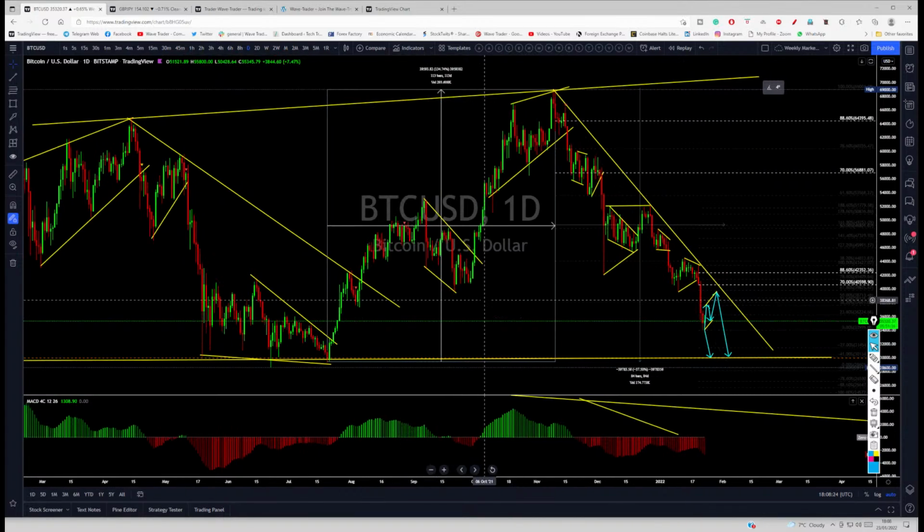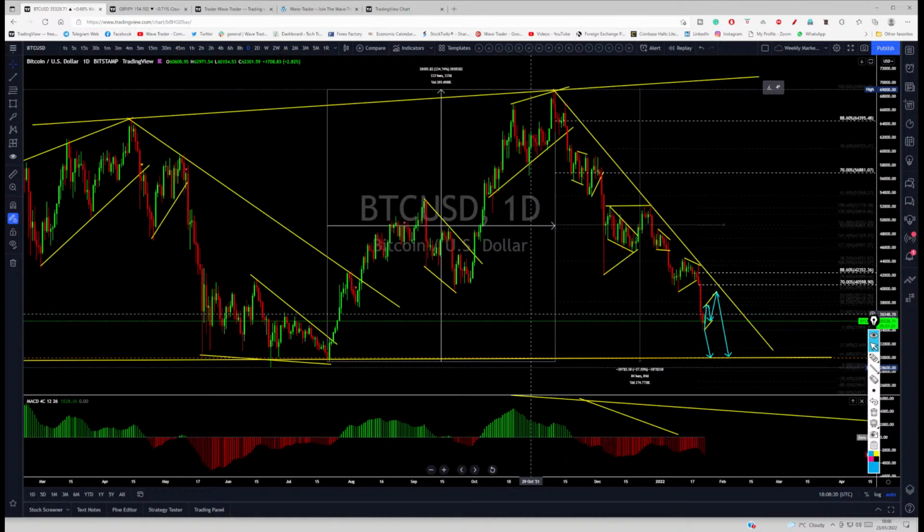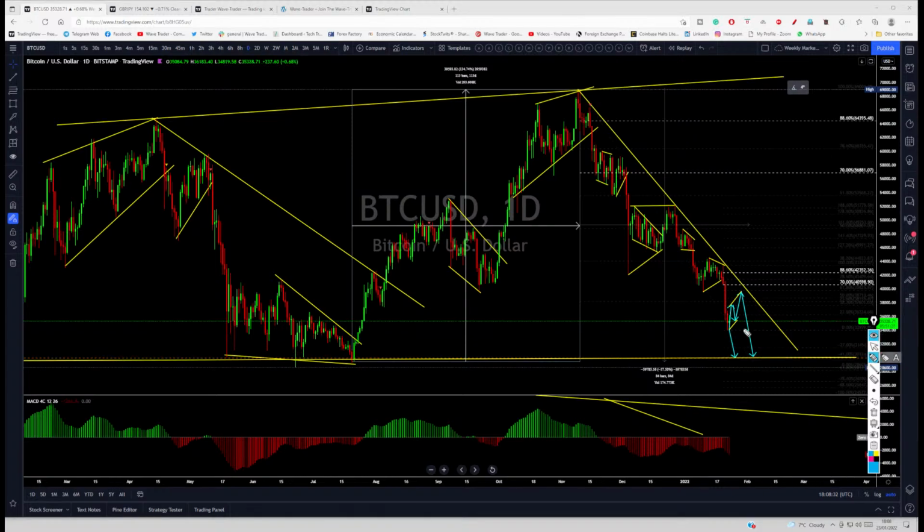First of all, let the price fall and sit at the 30K, like it has done over there. It was struggling to break below that.